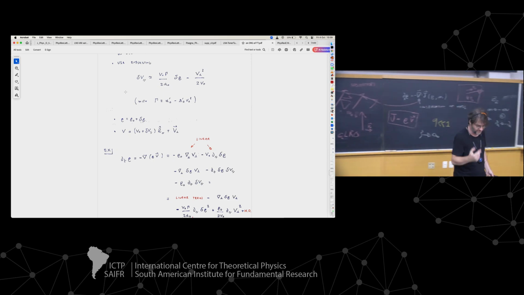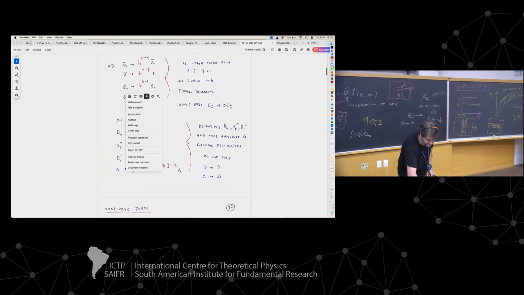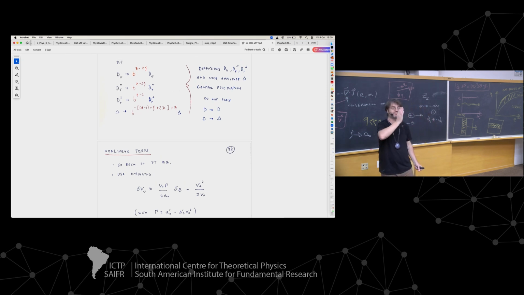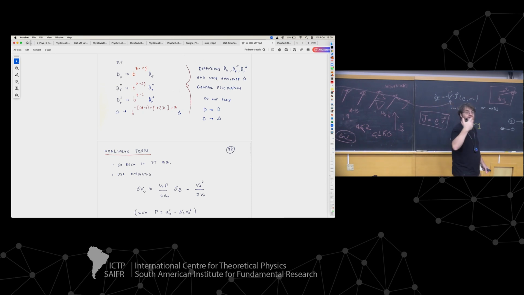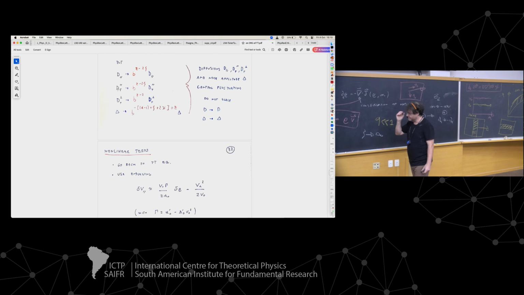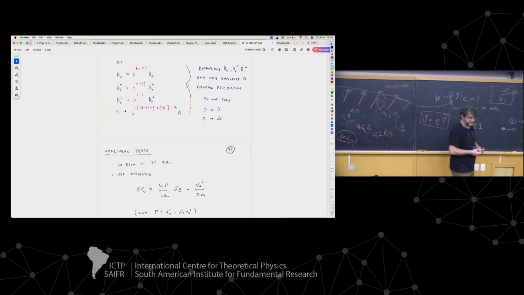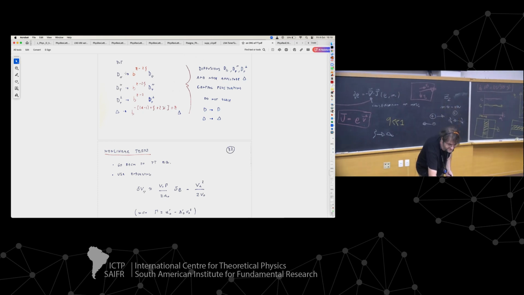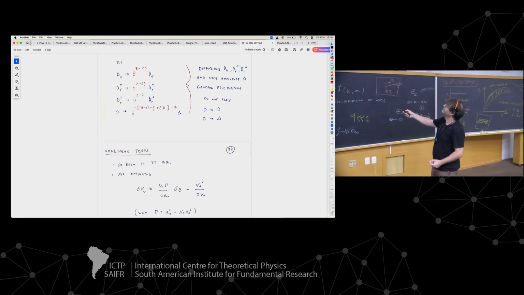Something I forgot to tell you: when you do the change of scaling, what you end up with is the equation with the same form as before, but where your coefficients have been rescaled, okay? And to have scale invariance, you want that under this rescaling your coefficients do not change. So you end up with rescalings like the ones I wrote here in red, okay?